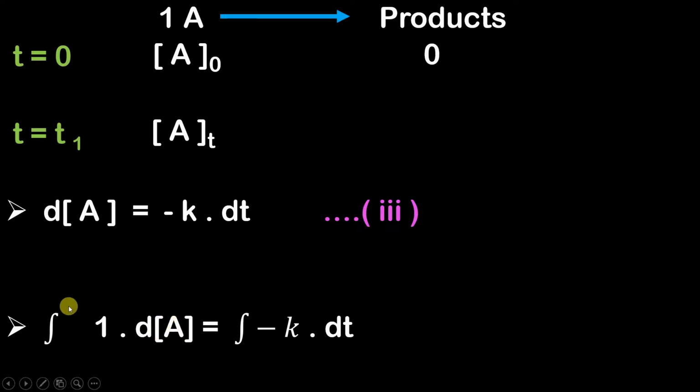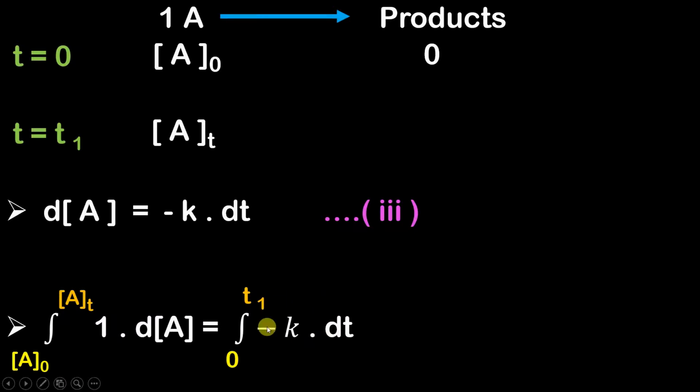So the limits should also be in terms of molar concentration. So when time was 0, the molar concentration that you have assumed is A0, and when time is t1, the molar concentration that we have assumed is At. So I hope this part you have understood. If you have understood this part, then the rest is easy.